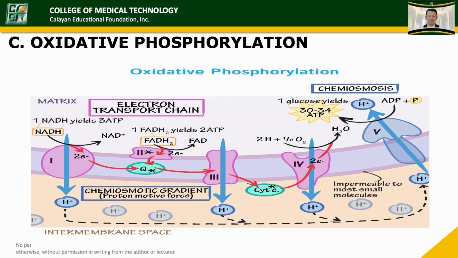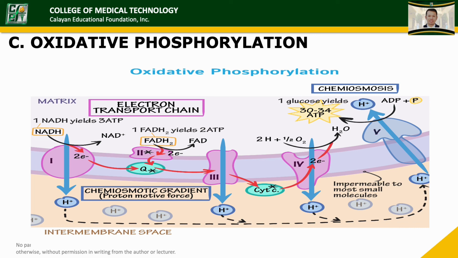Electrons are transferred from NADH through a series of electron carriers to oxygen. The electron carriers are proteins embedded in the inner mitochondrial membrane. The transfer of electrons by these carriers generates a proton gradient across the inner mitochondrial membrane.